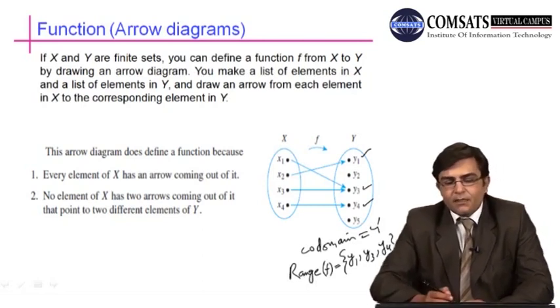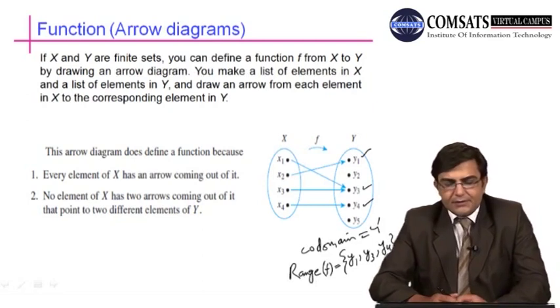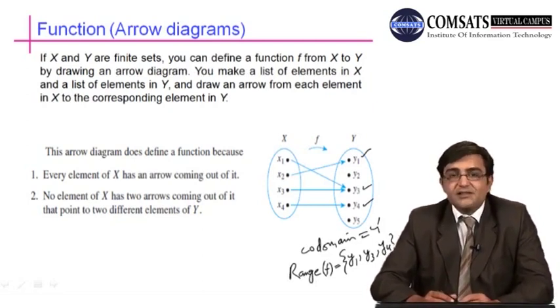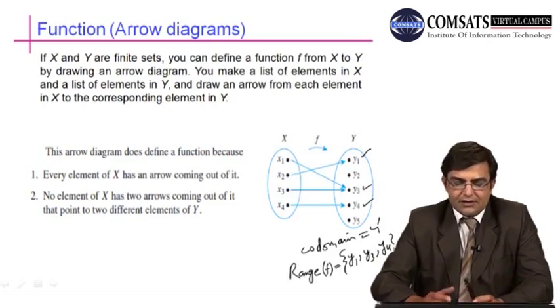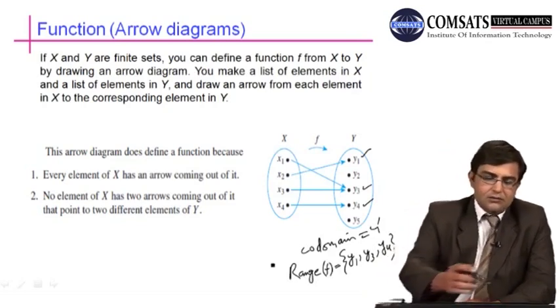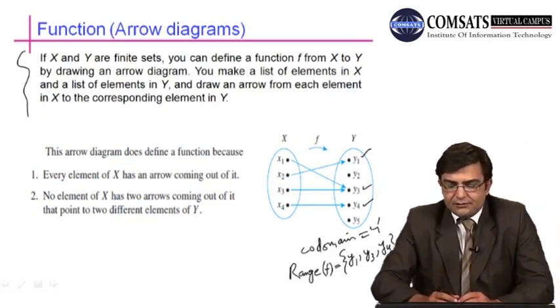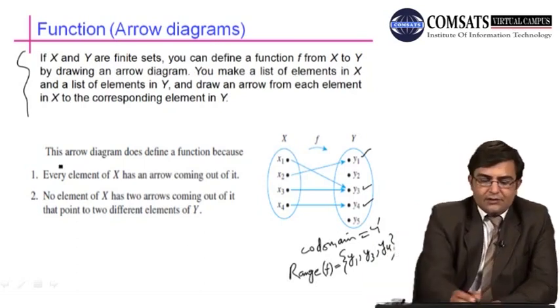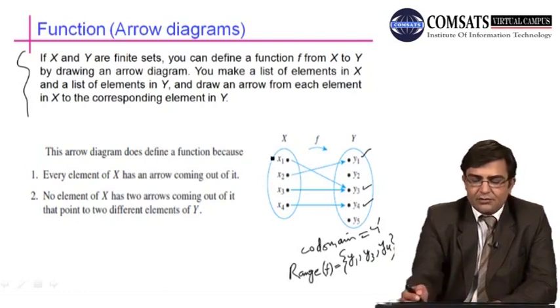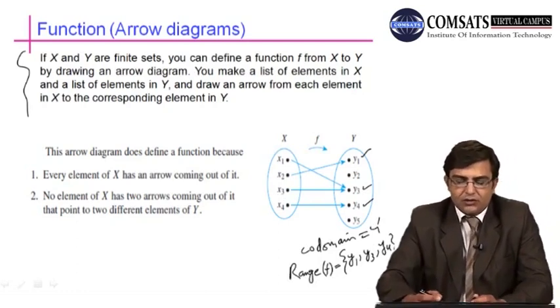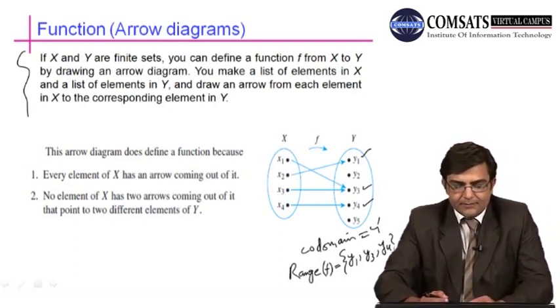This is the range. Now functions can be expressed as arrow diagrams, as we have expressed relations using arrow diagrams. The same concept we can use to express functions. To check whether an arrow diagram defines a function, we must check 2 additional properties, the same properties we impose in the definition of a function.